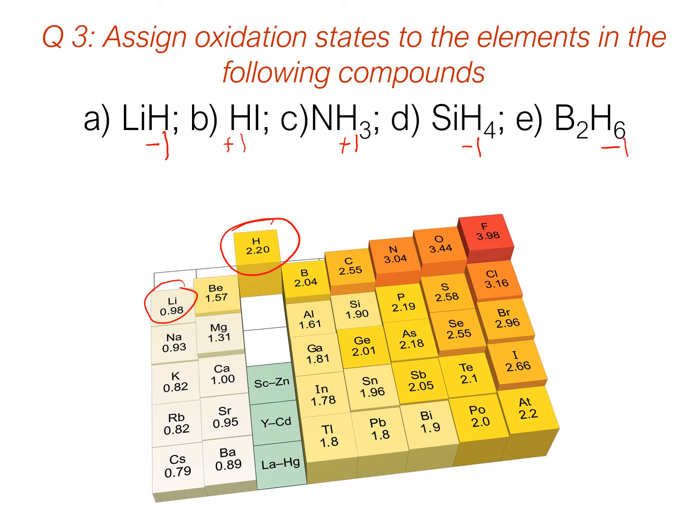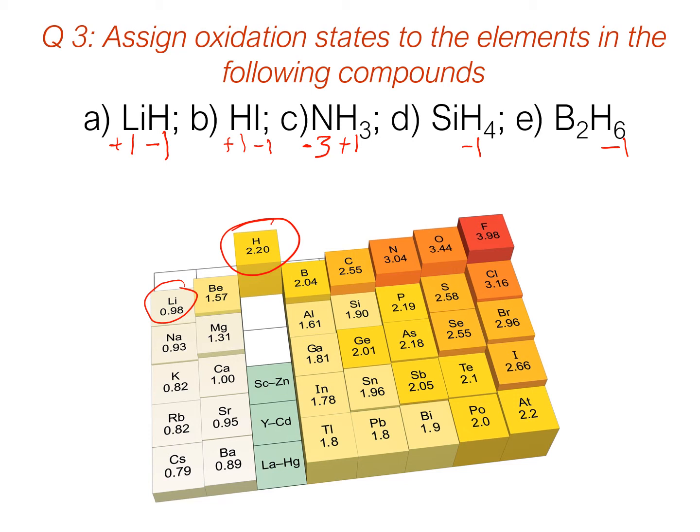Now with oxidation states, in a neutral compound such as all of these, the oxidation state has to add up to 0. So if we go through and follow that rule to complete them, we see that lithium needs to be +1, iodine needs to be -1, and nitrogen, because there are 3 hydrogens that are each +1, needs to be -3.